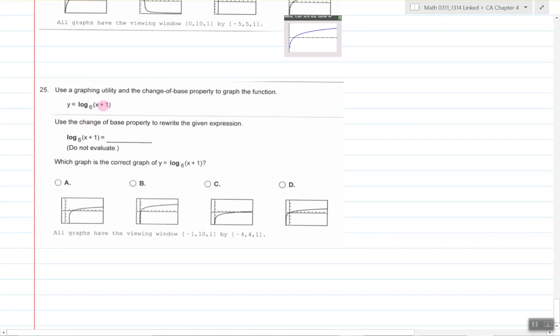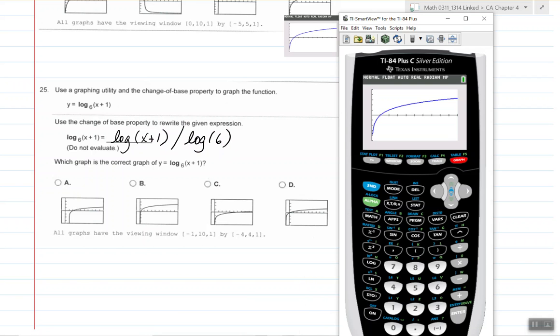You can even do it when the argument is more complicated. All you have to do is remember that log base 6 of anything is, I'm going to use common logs, the log of x plus 1 divided by the log of the old base you don't want, which was 6. That's all you have to do. So let's go to the grapher, y equals, clear that out.